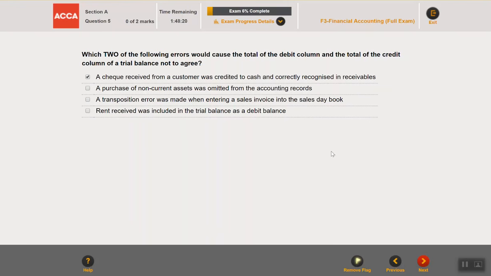There will be an error, but on both sides, both debit and credit side. Rent received was included in the trial balance as a debit balance. Okay, rent received is an income, which is credit, and we have recorded it as a debit. Okay, remove the marker.